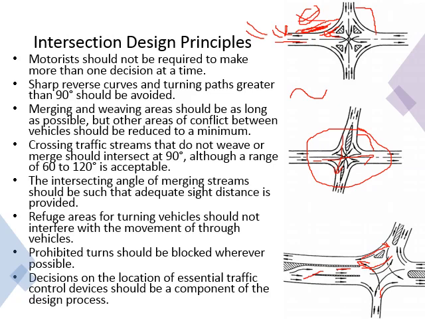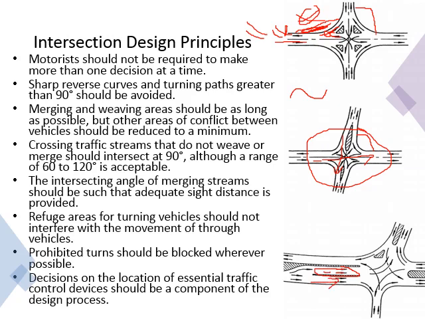Try to provide refuge areas for vehicles so that they do not interfere with other movements. So you see, this one is a refuge area. This particular area is a refuge area. The left turning vehicles will be in this area, and when they are in this area, they are not interfering with the people who are going straight.